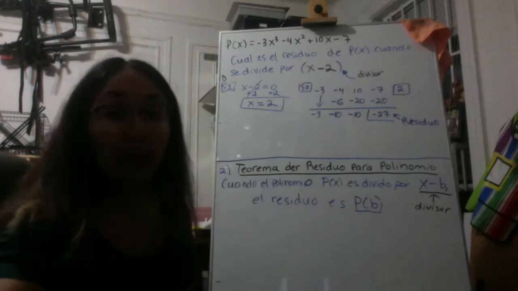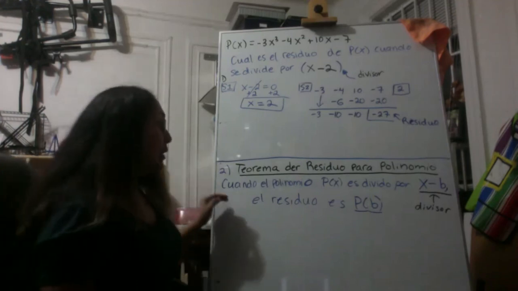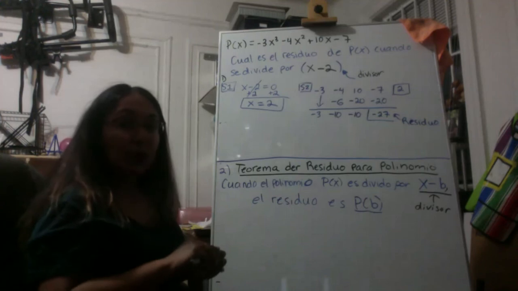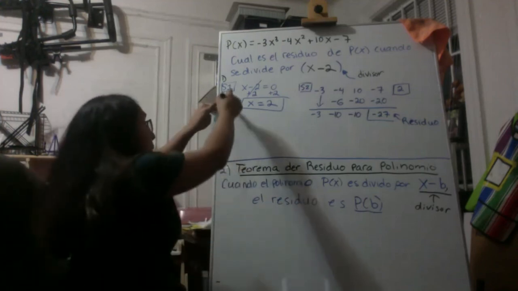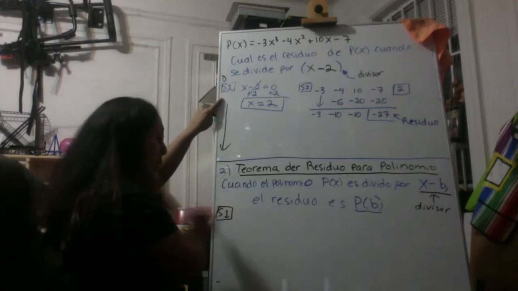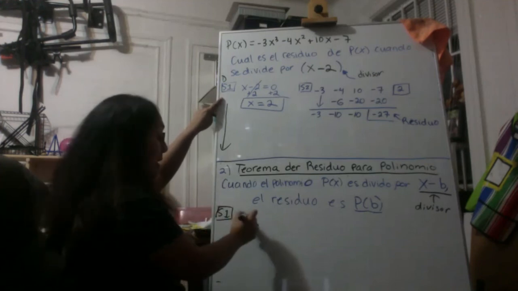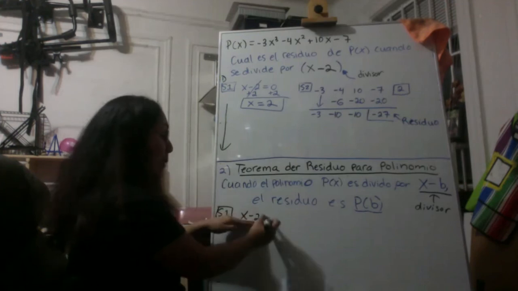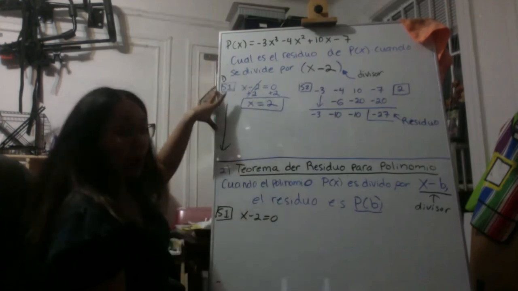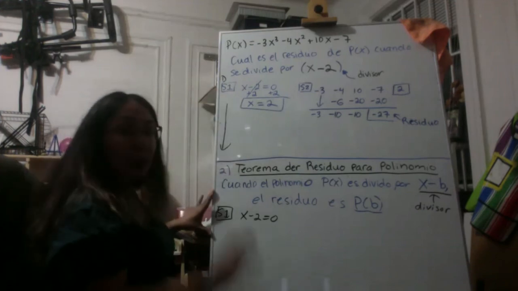Por eso, el primer paso, cuando usamos esta manera, el teorema de residuo, comenzamos con el mismo primer paso. Entonces, lo que estamos dividiendo por, aquí es x menos 2, lo queremos poner igual a 0. Estamos haciendo el mismo problema que aquí, que lo hicimos con la forma sintética, pero ahora lo estamos haciendo otra vez en esta forma.